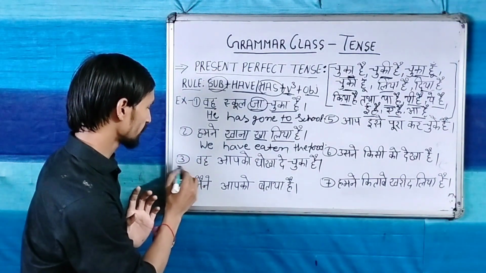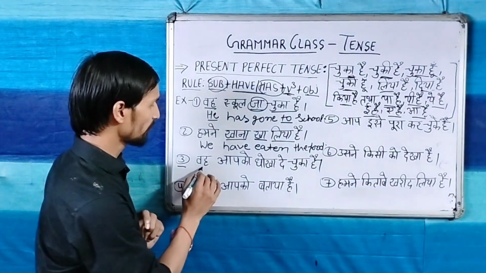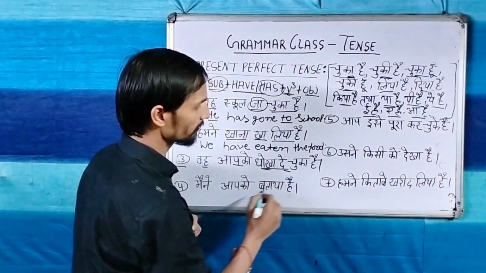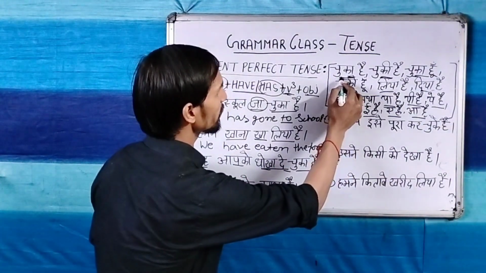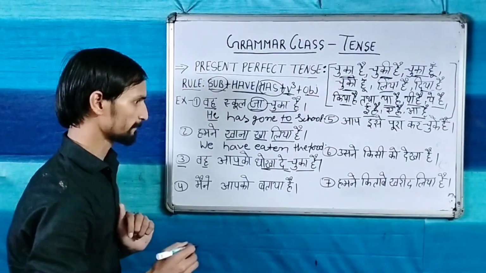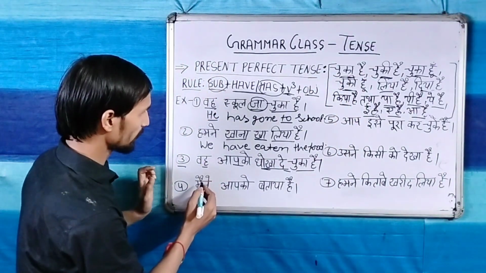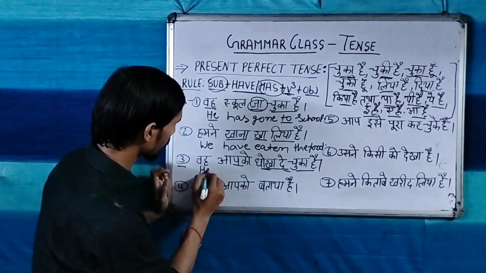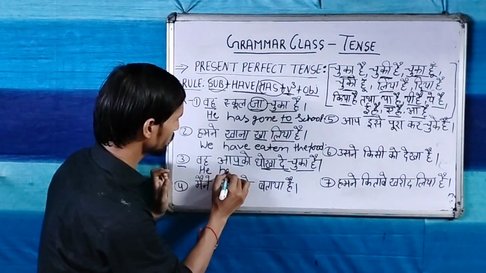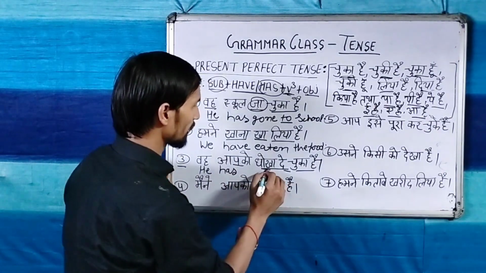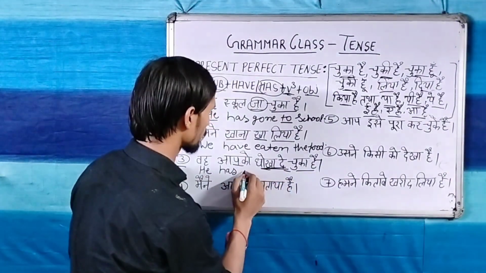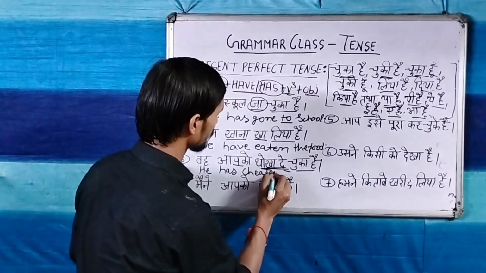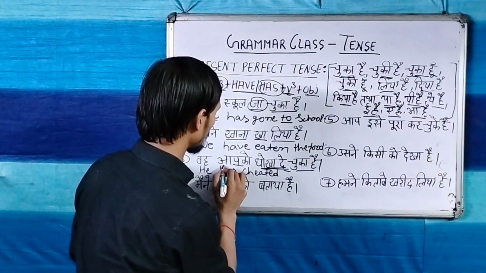Now let's see the third sentence. The third sentence is वह आपको धोखा दे चुका है. धोखा देना, this is the verb, and चुका है, this is the identity of present perfect tense. Now let's make it: वह means he, with he, helping verb has, with has you are going to use verb third form. धोखा देना, cheat, and third form cheated, he has cheated.